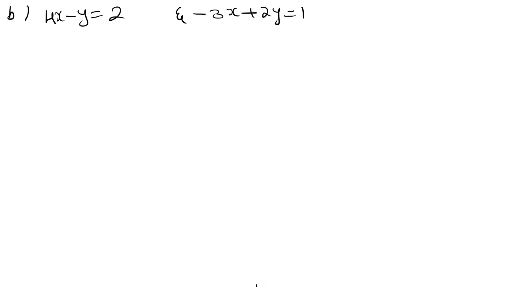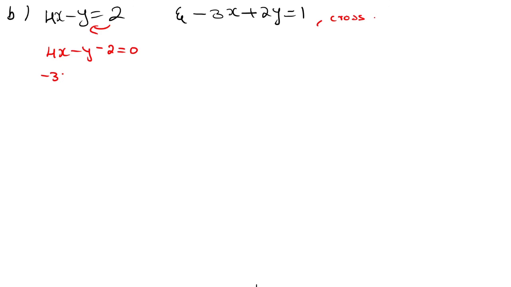See the next question: 4x minus y equal to 2 and minus 3x plus 2y equal to 1, using cross multiplication. So our observation is, the given question is not in the form a1x plus b1y plus c. So I am writing it as 4x minus y, taking 2 to the LHS, that will become minus 2 equal to 0.